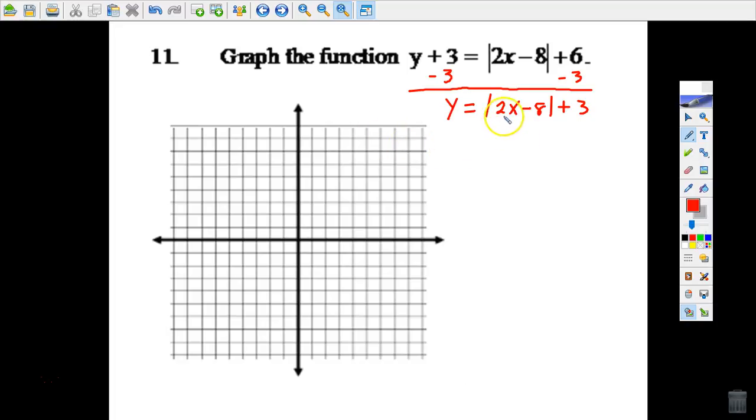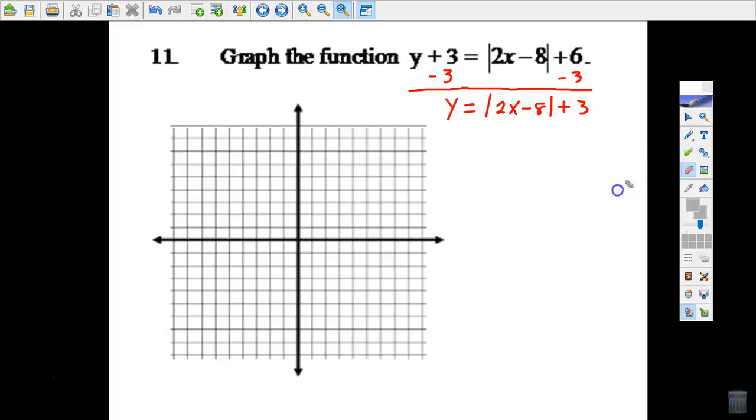Alright. Well, again, resist the temptation just to say I'm going to go right 8. That would only be true if your function looked like this. You see the parent function in there, absolute value of x. Well, this is not the parent function. The parent function has a coefficient of 1.